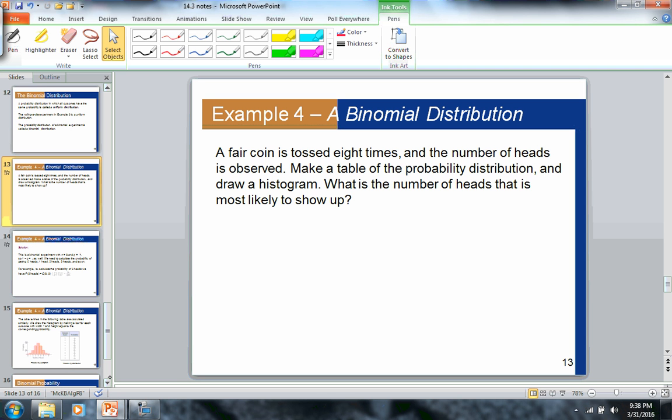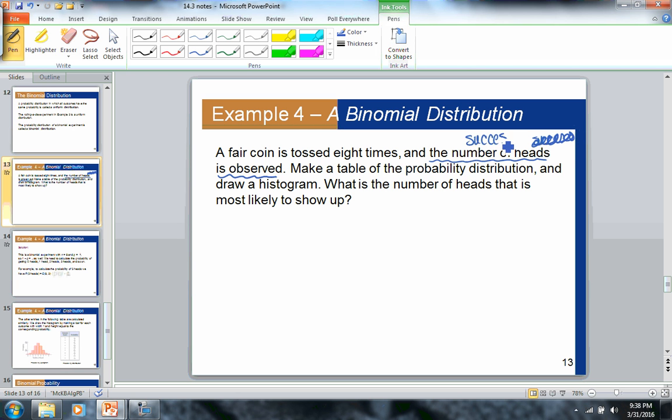So when we're dealing with this example, we'll have to make sure that we're doing that calculation for the binomial probability. So we have a fair coin that's tossed 8 times, and the number of heads is observed. So this is the key phrase right here. The number of heads is observed. That's our success. It's supposed to say success.